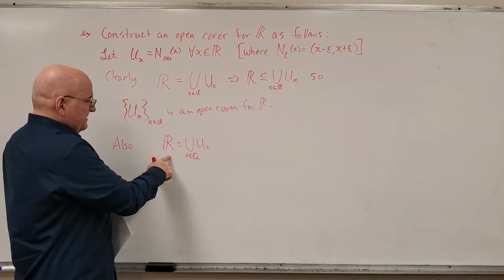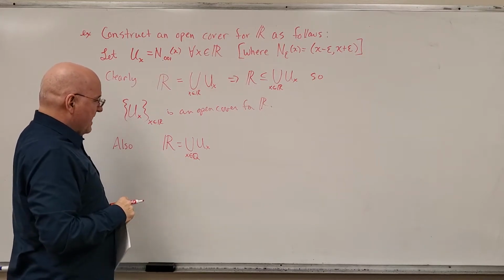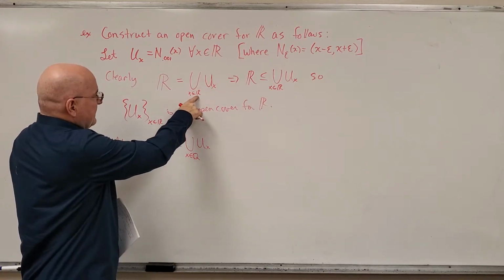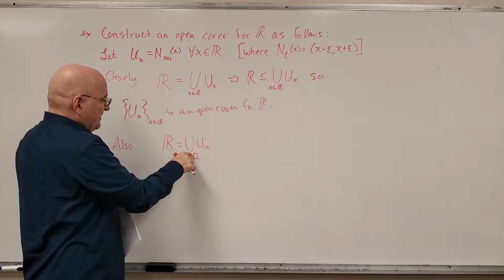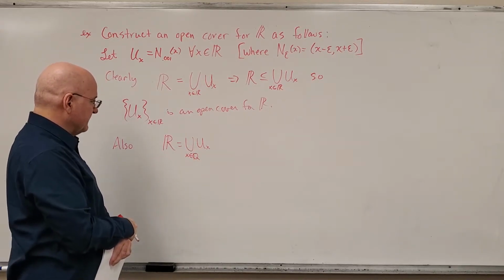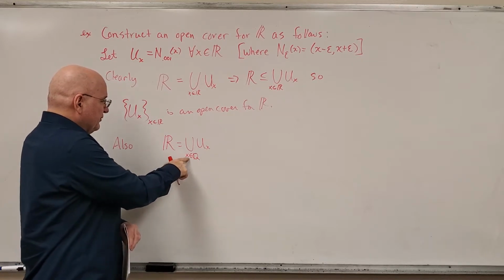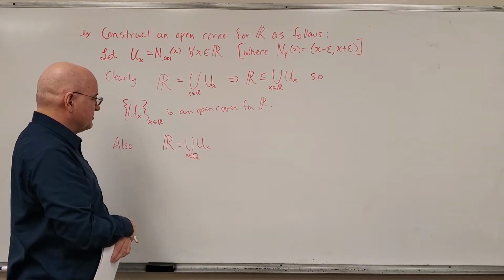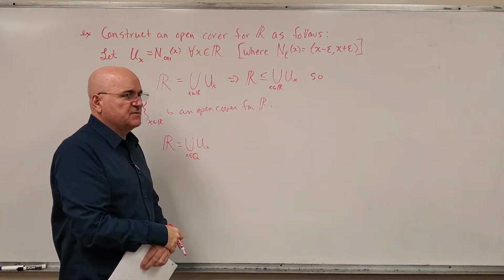Now, hopefully this isn't difficult to understand why. If I take out all of the irrational numbers, the sets that have irrational number subscripts, and only include the rational number subscripts, why does that cover the real line as well?